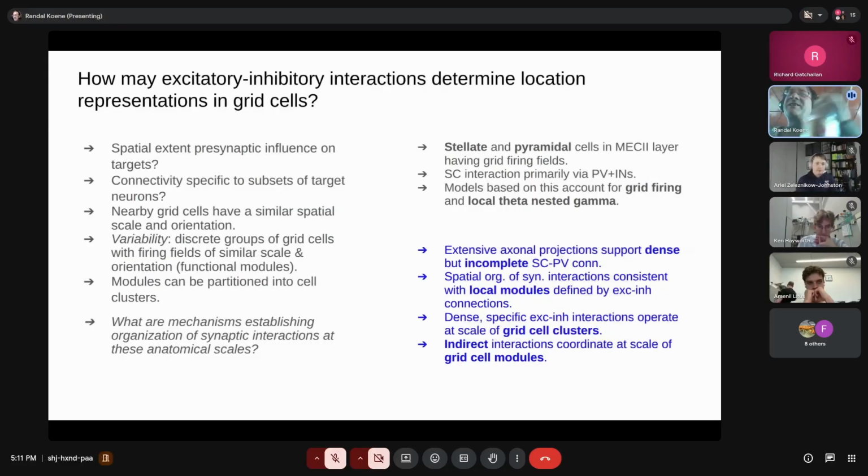The interactions between stellate cells appear to be primarily via parvalbumin plus interneurons, and models based on that connectivity are able to account for grid firing as well as local theta nested gamma frequency network activity. That goes way back to all that modeling that I once tried to explain about MEC and hippocampal activity, which I won't get into right now.